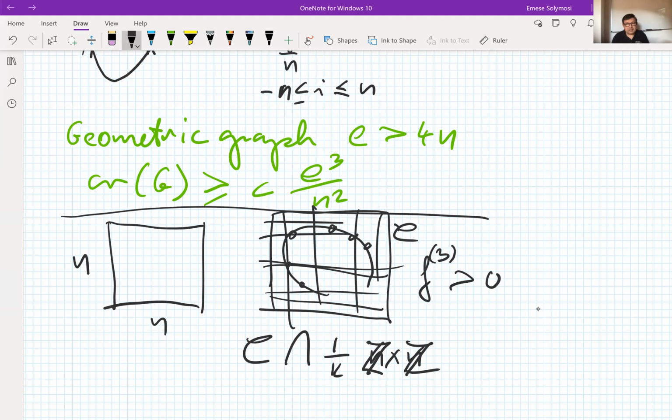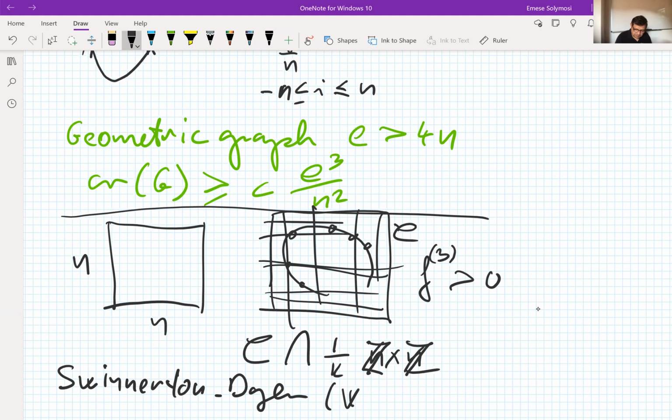And the difference here and Pavel's construction is that this is really an n by n grid. This makes a huge difference because there is a very nice result from number theory by Swinnerton-Dyer. It was improved even by Wolfgang Schmidt.